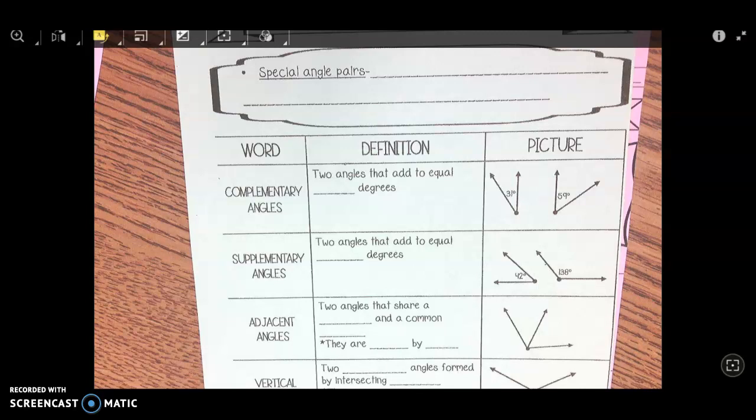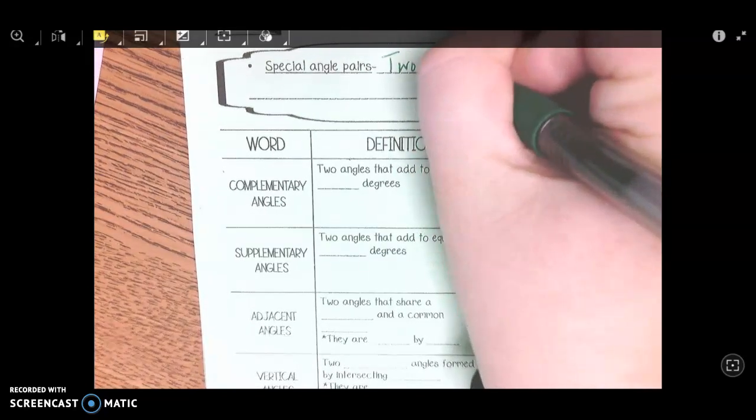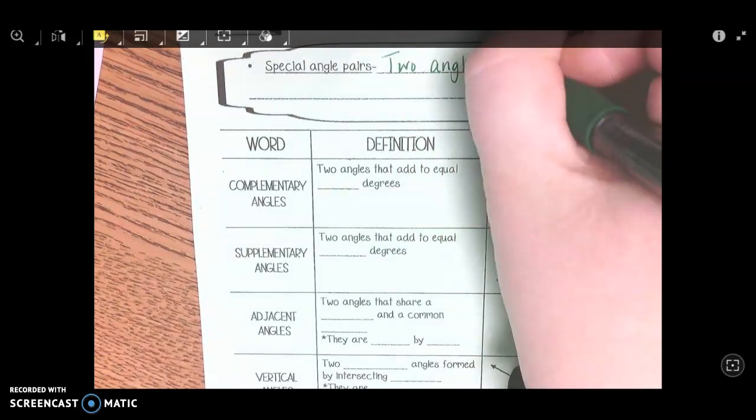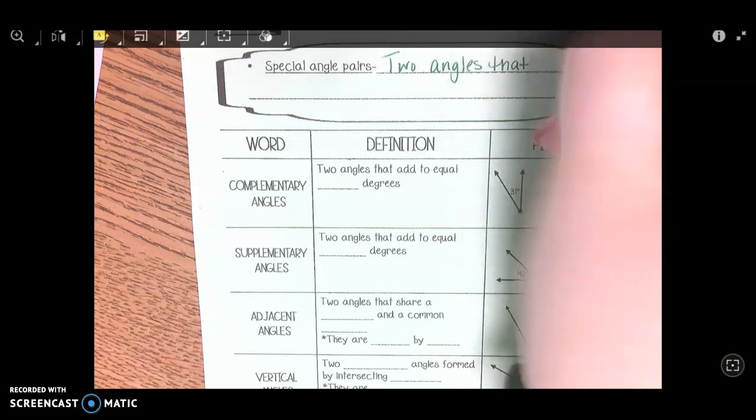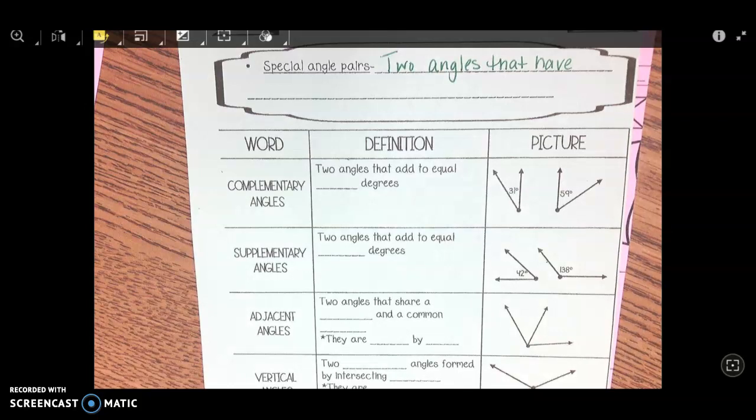Okay, special angle pairs are two angles that have a special relationship.